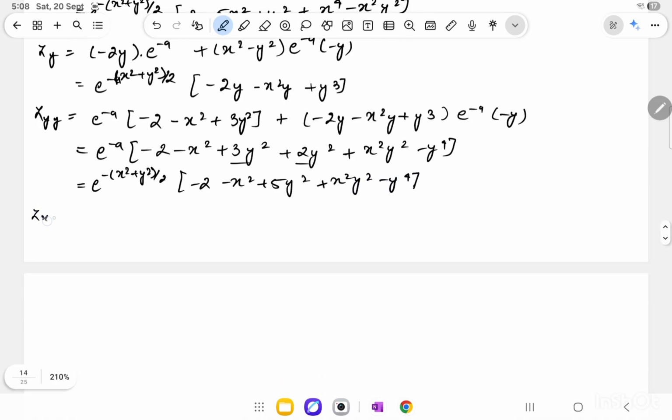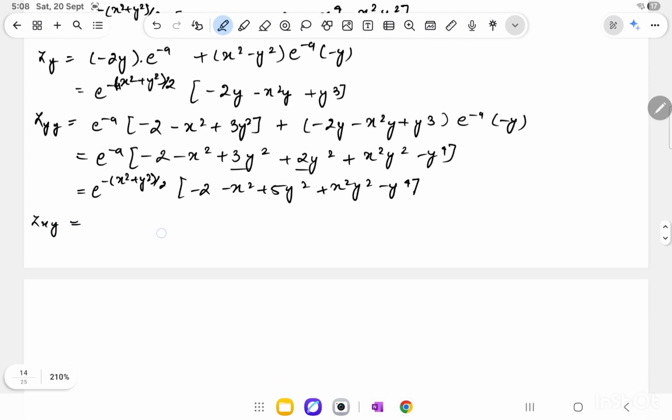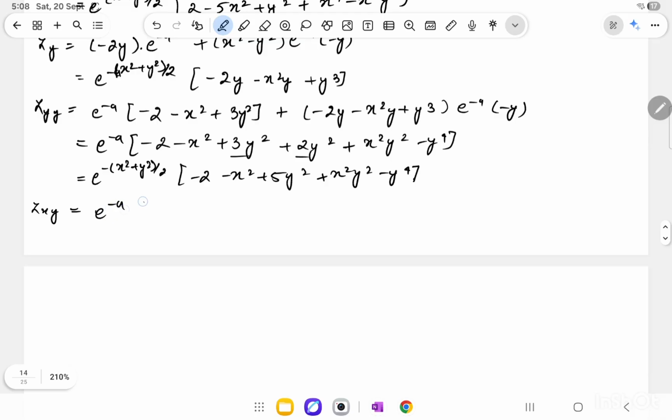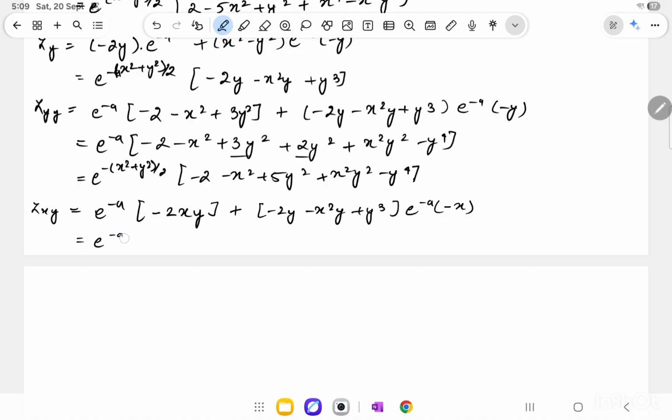Now I also need zxy, that will be e raised minus a into minus of 2xy plus minus 2y minus x square y plus y cube into e raised minus a into minus of x, and I can pull out e raised minus a, that will give you minus 2xy plus 2xy plus x cube y minus xy cube.